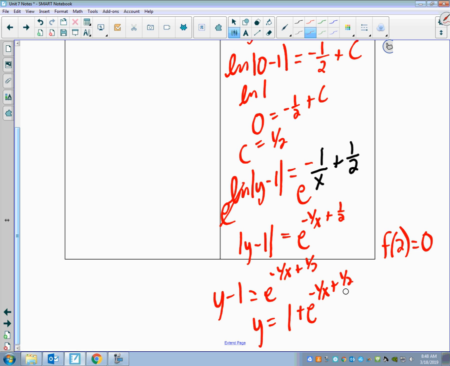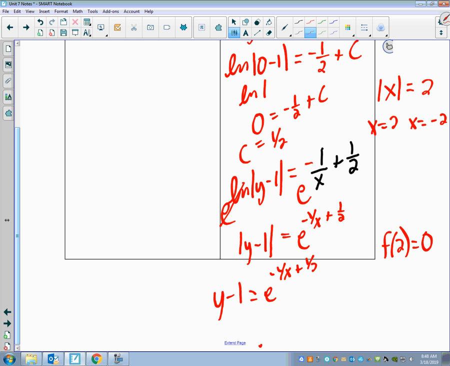And what's e to the 0? 1. And 1 plus 1 is not 0. So that means we need the negative. Here, let me give you a little reminder. If you have the absolute value of x equals 2, that means x equals 2 or x equals negative 2. You make this side negative. So what that tells us is we need the negative of this.